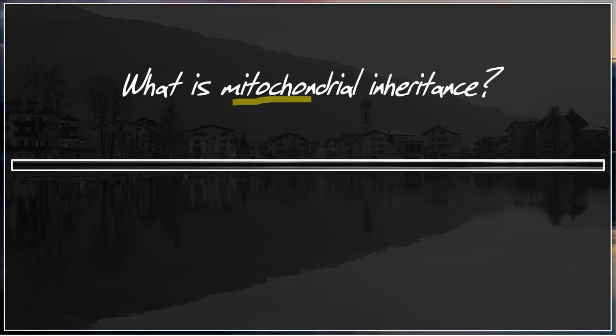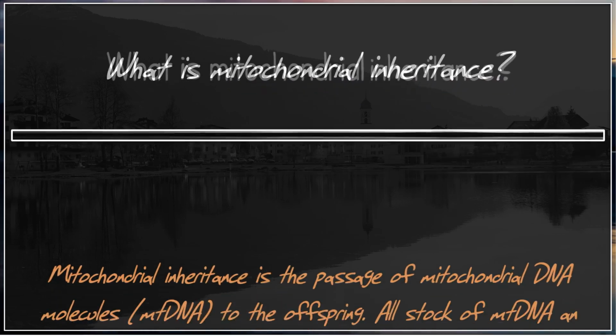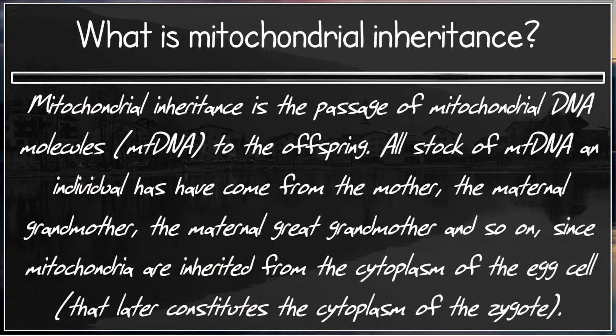What is mitochondrial inheritance? Mitochondrial inheritance is the passage of the mitochondrial DNA molecule to the offspring.